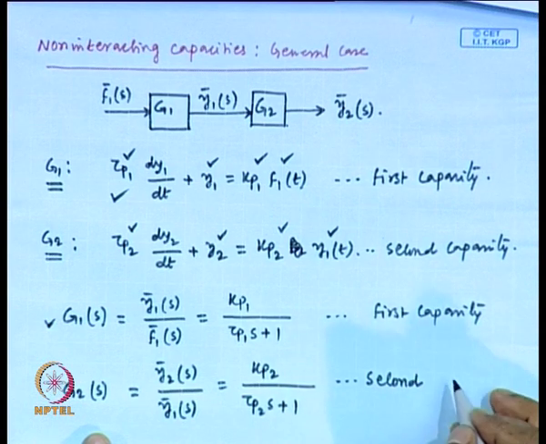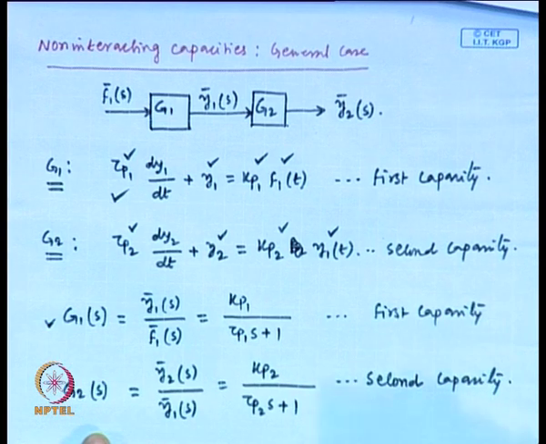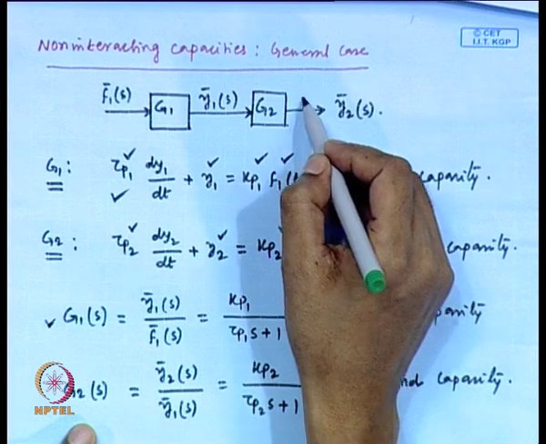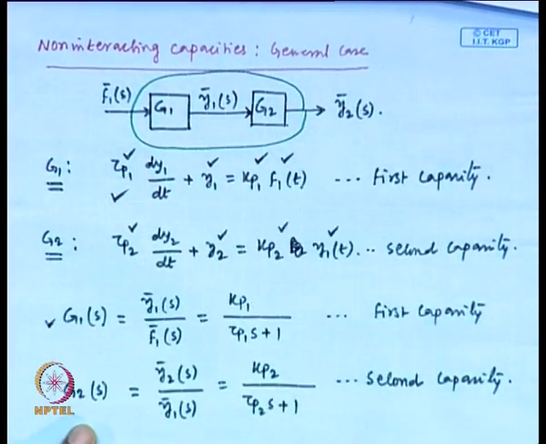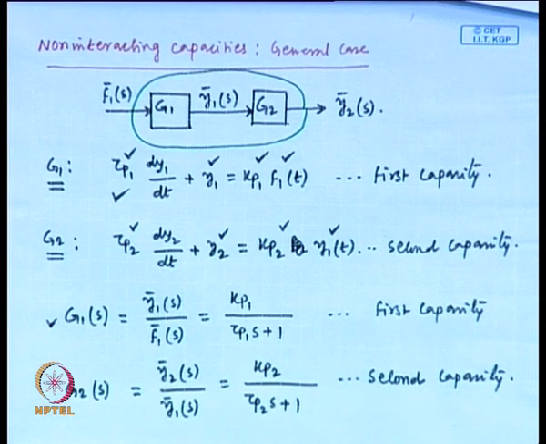This is for second capacity. Agree? Now, our objective is to find the overall transfer function. If we consider this is a single system, so what will be the overall transfer function?